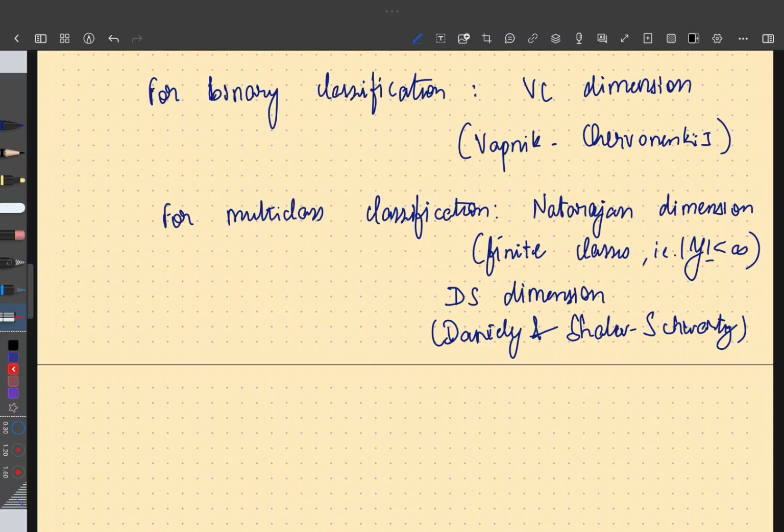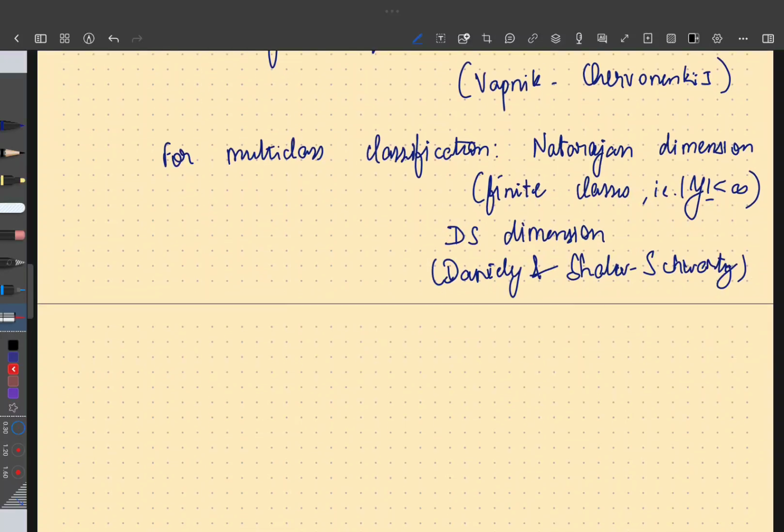All right, we'll soon see another measure of complexity. Which one? Okay, good point. So again, there's another notion of dimension called the fat shattering dimension in the context of regression. Again, these are all combinatorial quantities which characterize learnability, in regression under certain assumptions on the loss function you use.